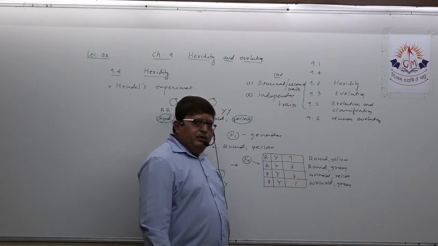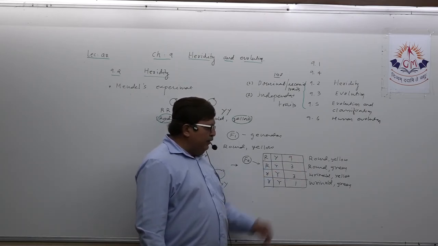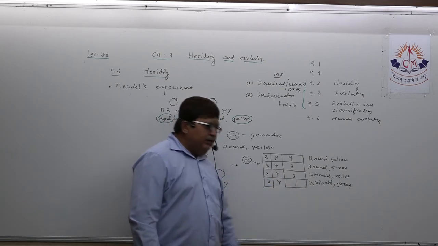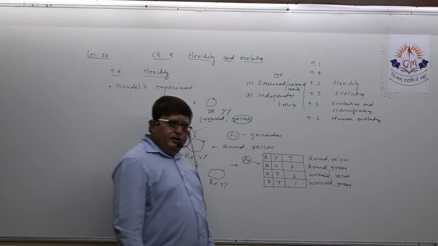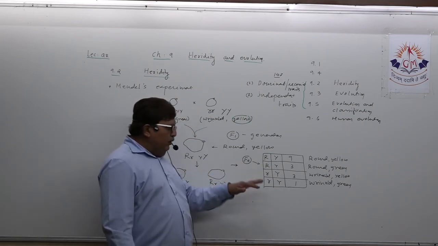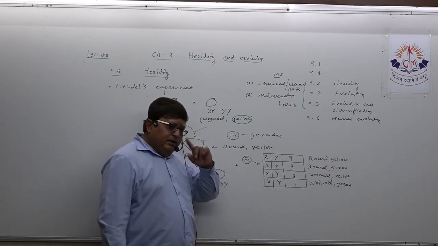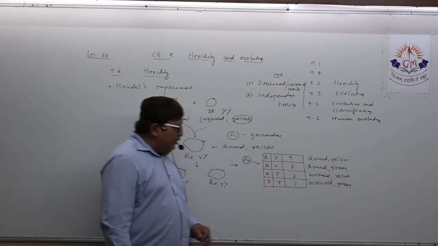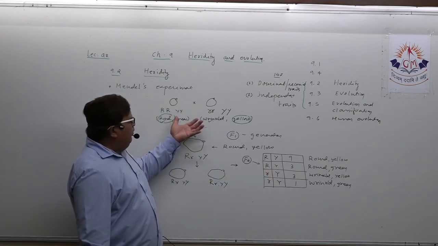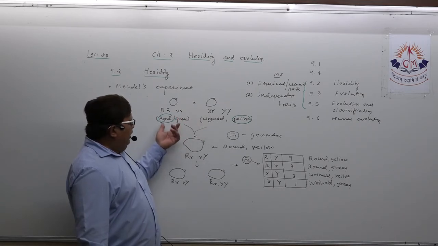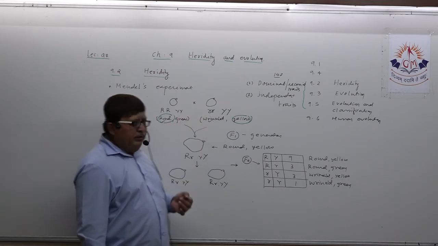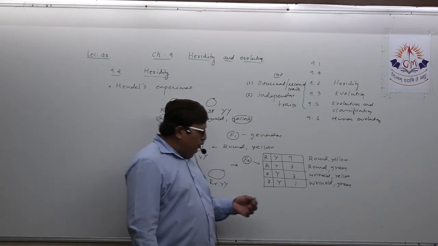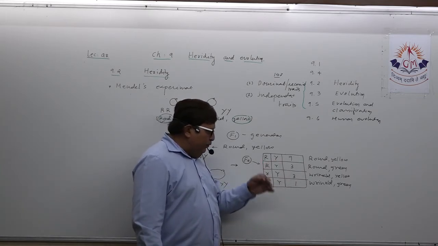Those having round yellow seeds, then fewer round green and wrinkled yellow, and the least is the wrinkled green combination. Sometimes in my WRT I have asked a question: during Mendel's experiment on garden pea plants, where he selected round green and wrinkled yellow seeds, what is the ratio of the plants in F2 generation?